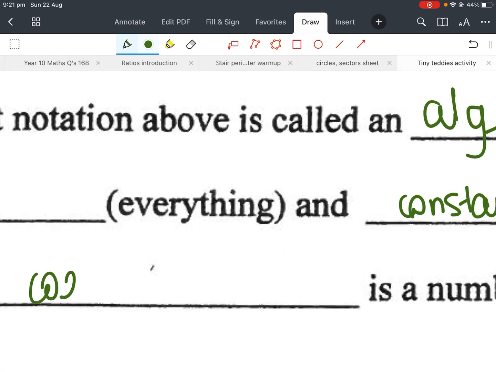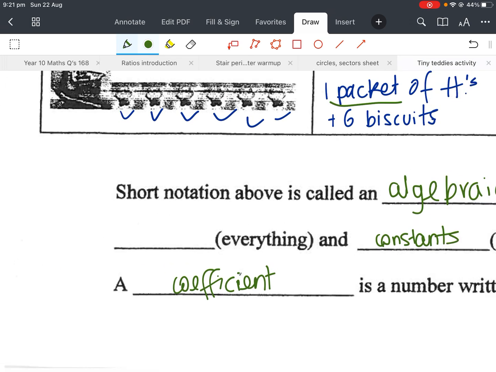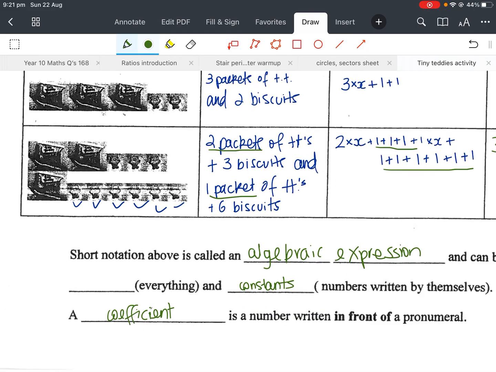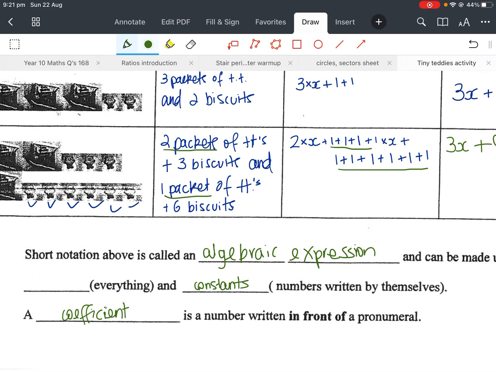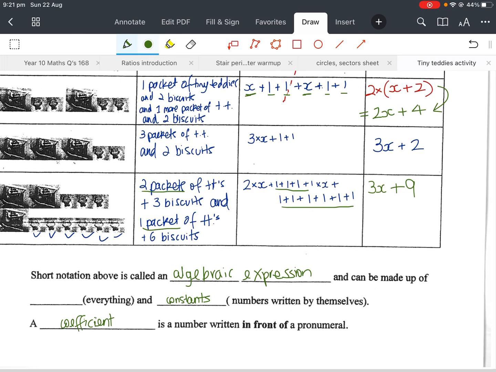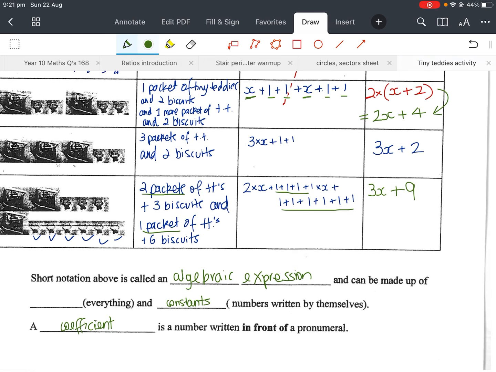That one's called a coefficient. Okay, and let me see. We'll go back. So Mrs. Moore wrote this, so I have to try and remember the way she wrote this. Short notation above is called an algebraic expression and can be made up of everything and numbers written by themselves.